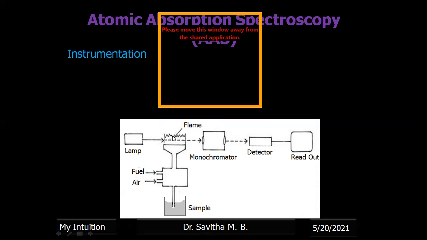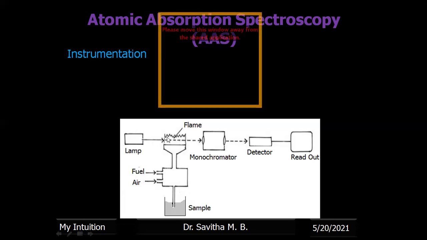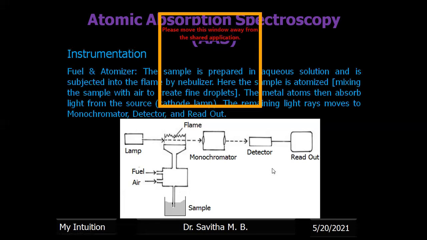Whatever metal atom is taken, the same lamp should be used, the cathode ray lamp. Now when high potential is given here, the energy wavelength which comes through will be absorbed by the ground state metal atoms here. How much is absorbed is detected by the detector.